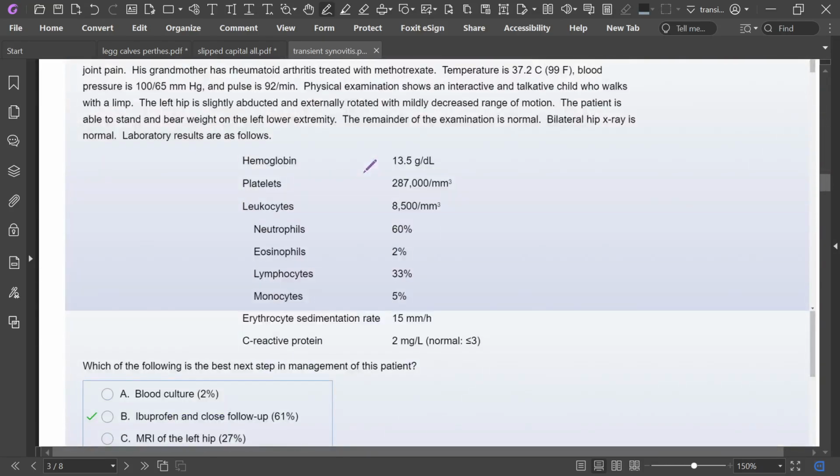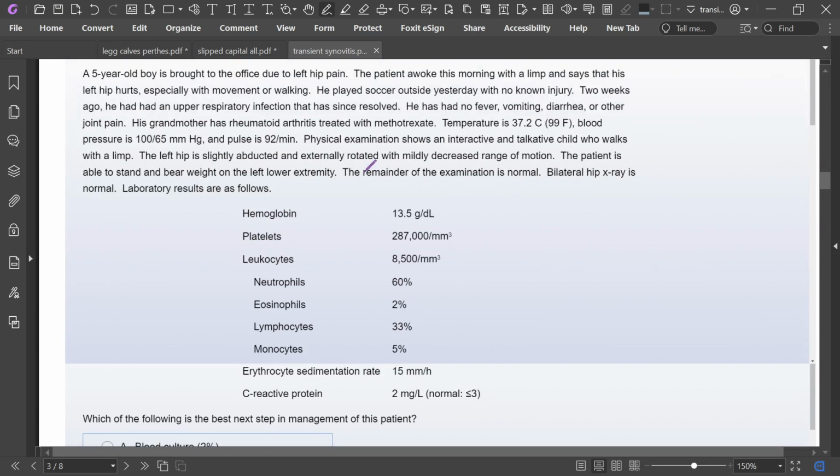If you look at this question again, a 5-year-old boy with hip pain, limp, and upper respiratory infection, the hip is slightly abducted and externally rotated with mildly decreased range of motion.